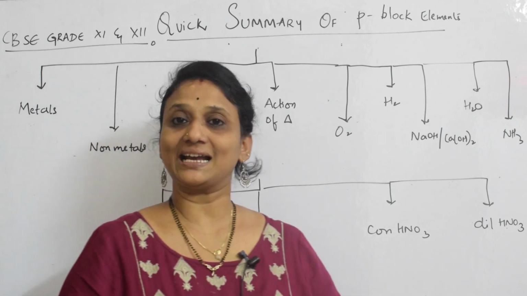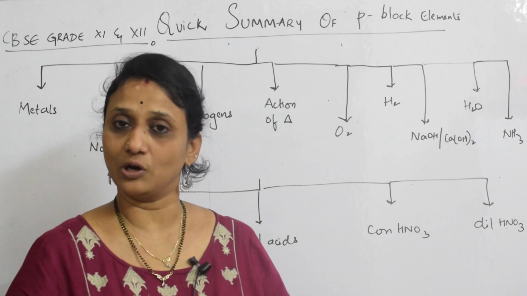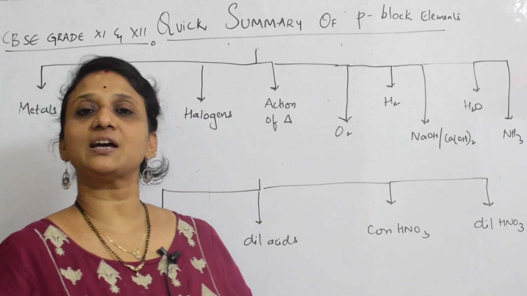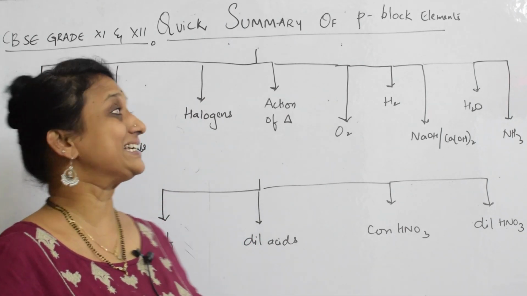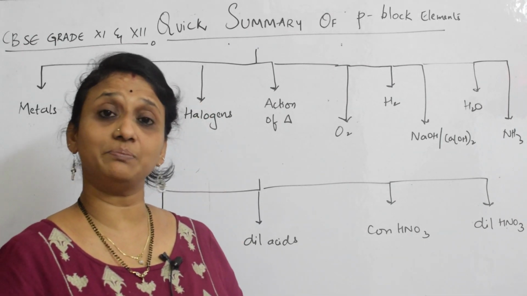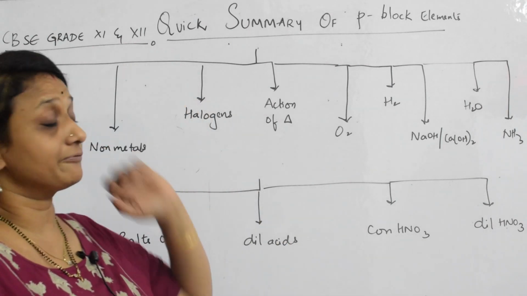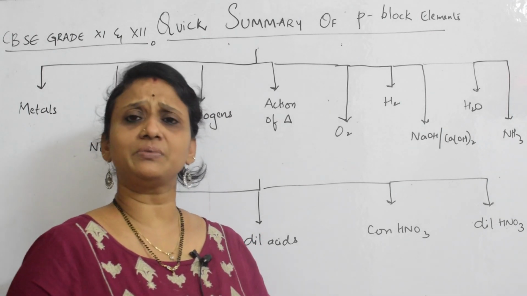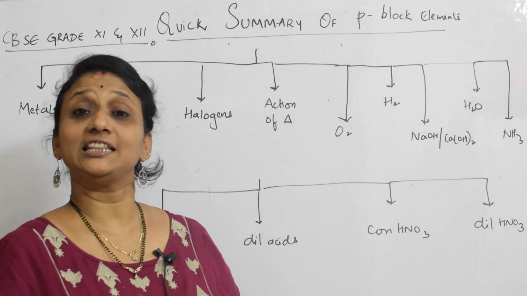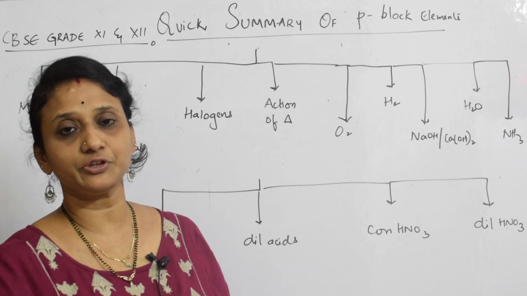Let me explain how I am going to do this. When I take the P block chapter, whether it is CBSE grade 11 or grade 12, the whole chapter has loads and loads of reactions. That is where the student gets confused, even in competitive exams.